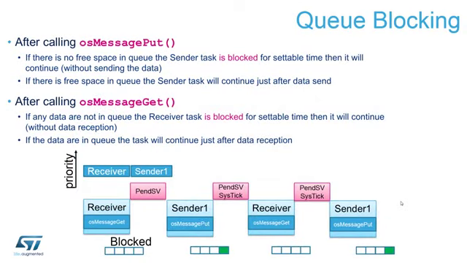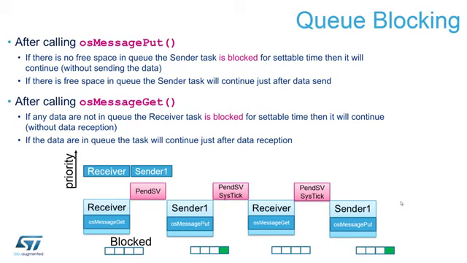So if you call an OS message put and the queue is full, so if there is no space, this OS message put will cause the task that calls this function to become blocked for the specific timeout that you define when calling this function.